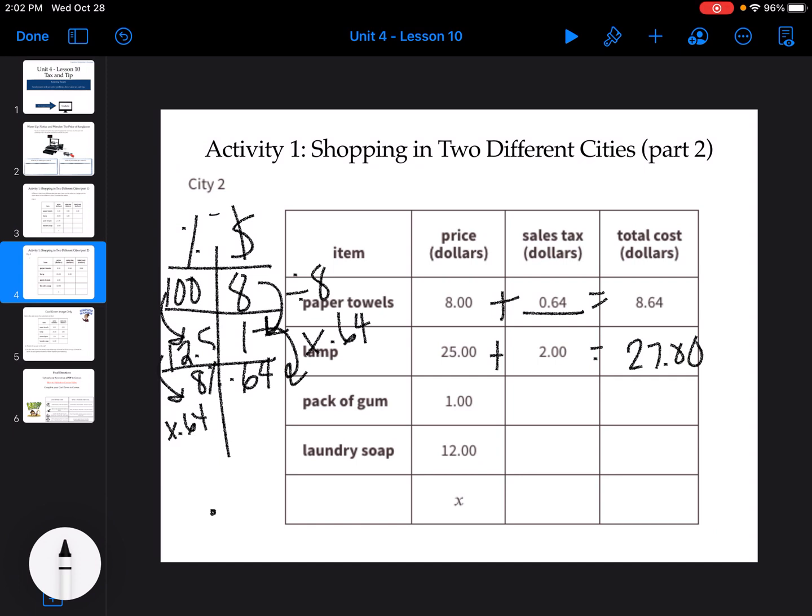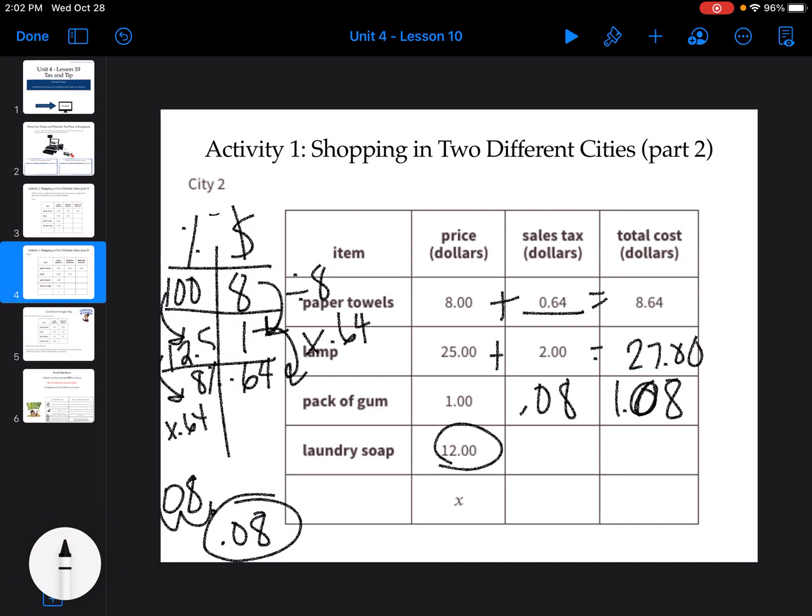So remember, we talked about our decimal point, and we move it twice. So it's 0.08 in money. So it's 8 cents for every dollar. So it's going to be 0.08, and it's going to be $1.08. So if I want to get that same laundry soap for $12, I'm going to do 12 times 0.08.